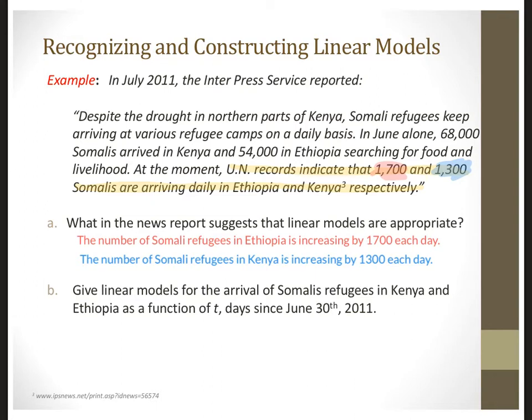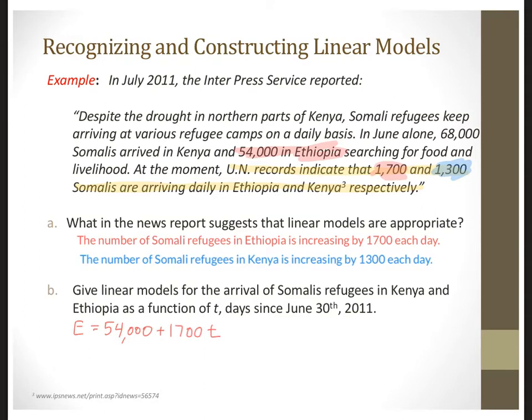Here, t being 0 would be June 30th, and we're told that at the start of this period there were 54,000 Somali refugees in Ethiopia. Therefore, our model for the Ethiopian refugee population, which I'll call capital E, equals the initial value of 54,000 plus the slope, 1,700, times T.